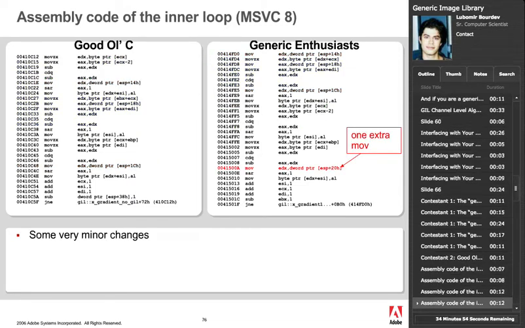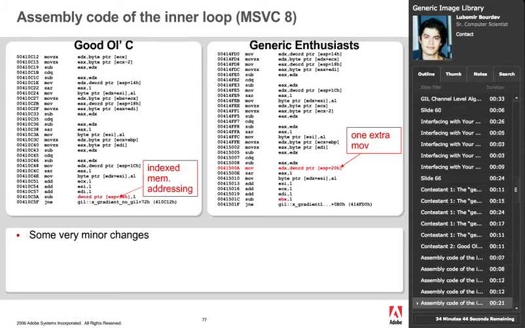And the second set of differences is that the generic code has 1 extra move instruction, which on modern hardware is typically done in parallel anyway. And to compensate for this, the C version appears to have failed to put a counter into a register. All in all, I measured the performance and I was unable to detect any difference.